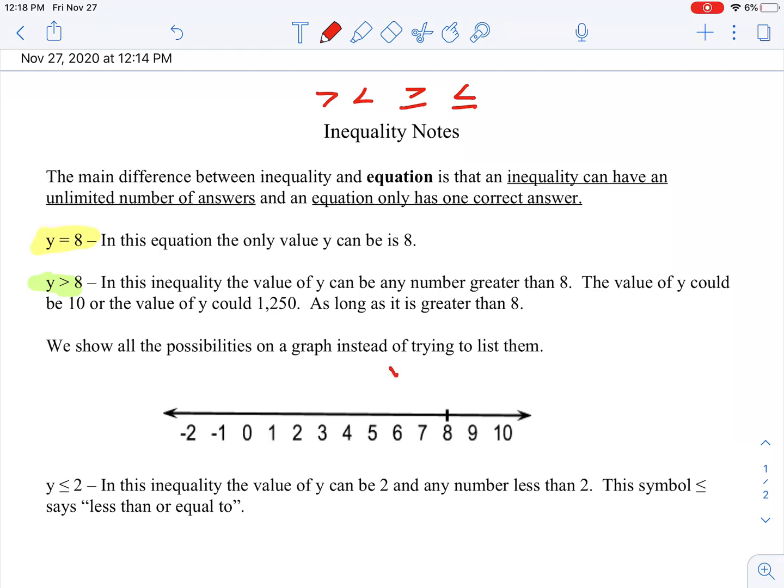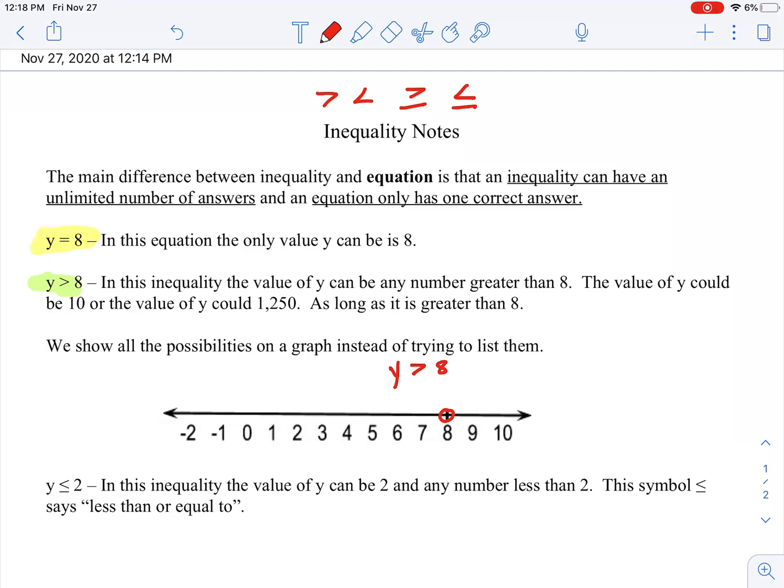So if y is greater than 8, the first thing you're going to do is an open circle at 8. And why it is an open circle is because it doesn't include 8. Y can't be 8. It has to be at least 8.01.